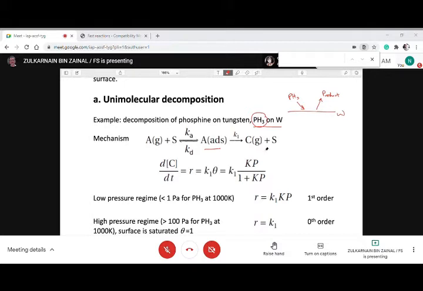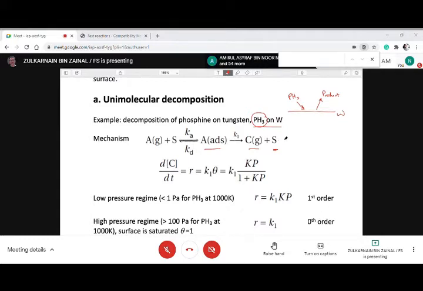and then after the process occurs, we can see that the product is released, and the surface is freed from the product. So we get back the surface. That's why the surface is just the catalyst.